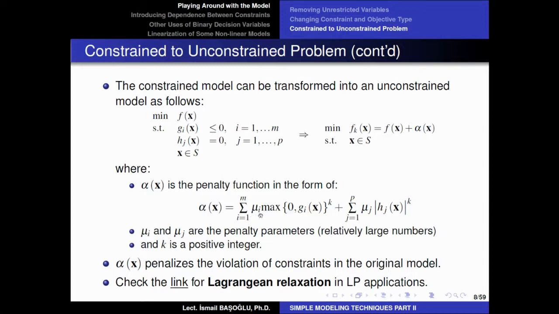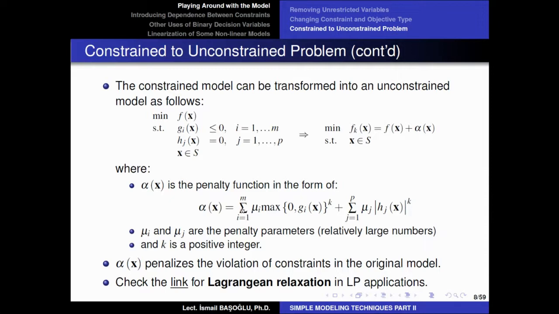And when it is multiplied with the coefficient mu_i, which is a relatively large number, it is going to be greater, which means it is going to contribute a lot more than the original objective value f to the new objective function. However, when the constraint is satisfied, there will be no problem.